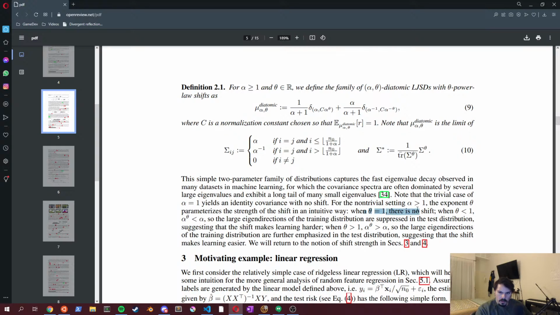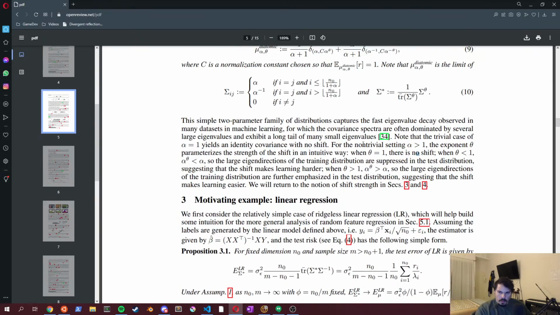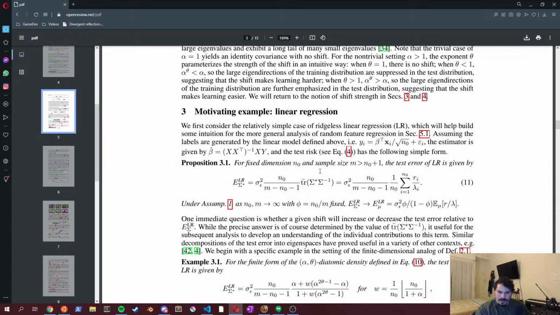Yeah, so when theta is 1, there's no shift. When theta is less than 1, larger theta means you should do better on the test distribution, if I remember correctly. Or I'm staring at it, I don't need to remember.